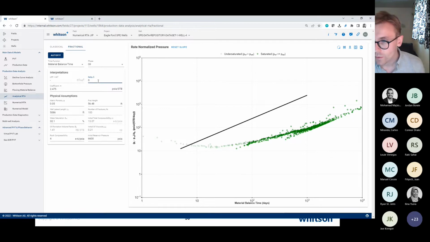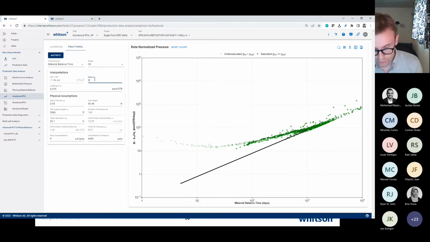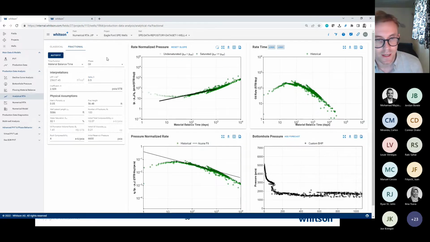If I make this 0, that means that we're in boundary dominated flow, and at least on this oil phase, it looks like we're getting into boundary dominated flow late time here with a slope of 0. So that's nice in that case, that you feel good of just using numerical RTA as this, and that some of the other things we'll see a little bit forward make sense.